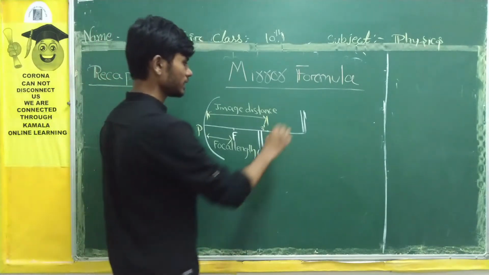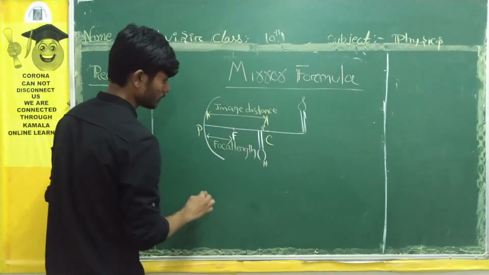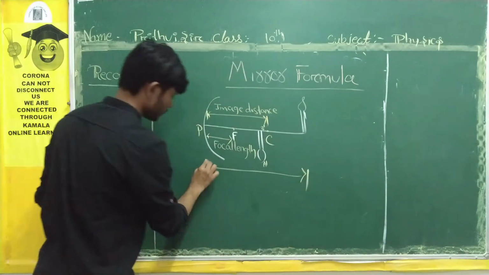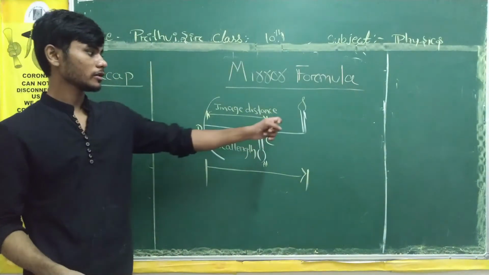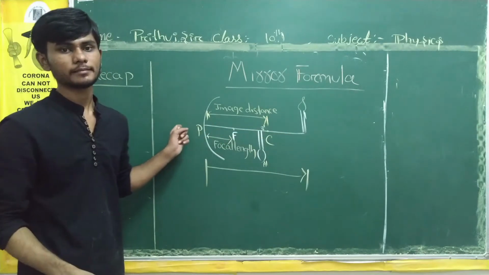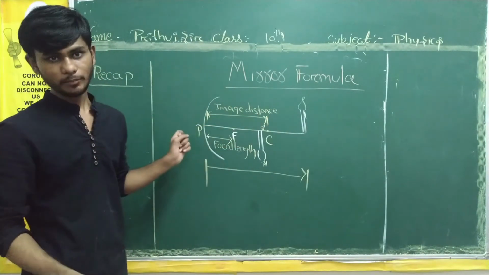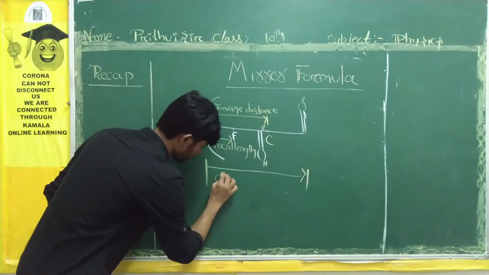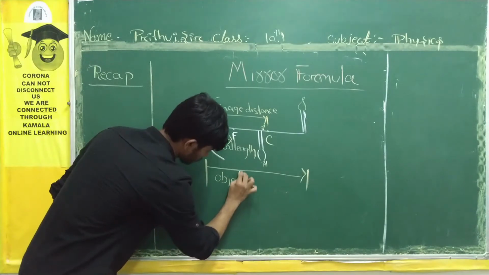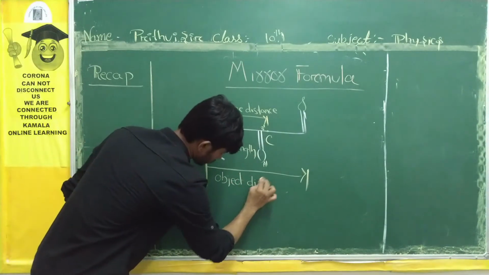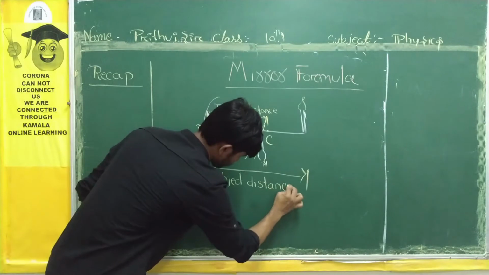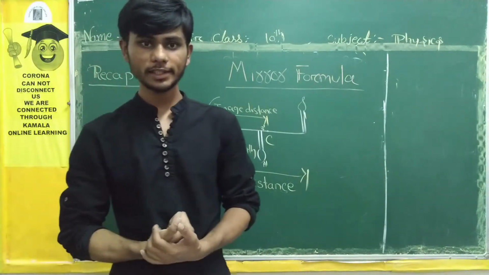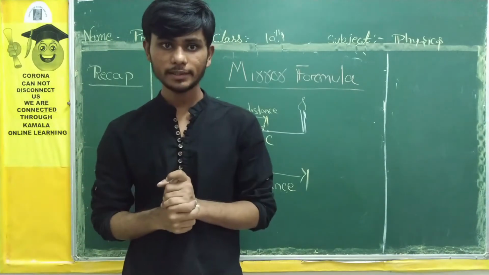Now you can see at last you have one more. Here, the distance between object and pole is called what? Object distance. Did you get it? I hope you all got it, right?